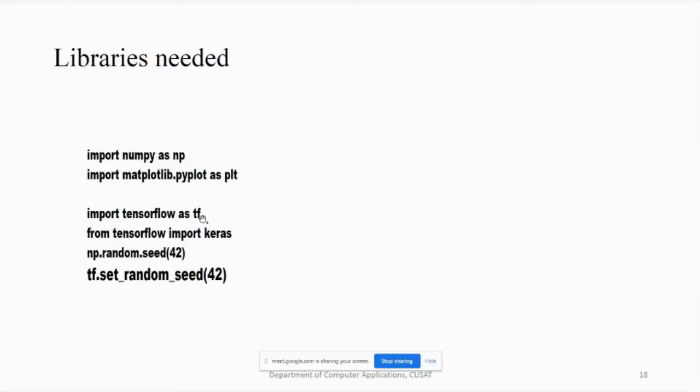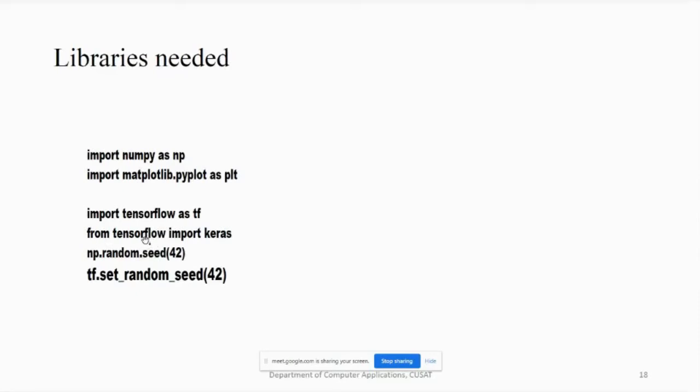Then import TensorFlow as tf, and a tensor means a high dimensional vector, and all the different operations associated with a high dimensional vector or tensor can be done with some specialized methods, and all these methods are part of TensorFlow.